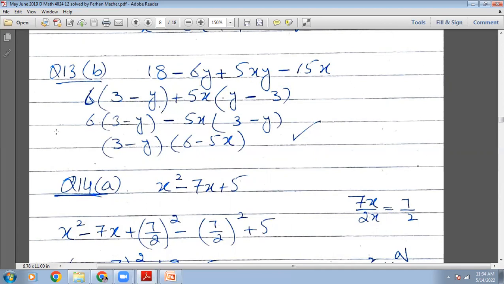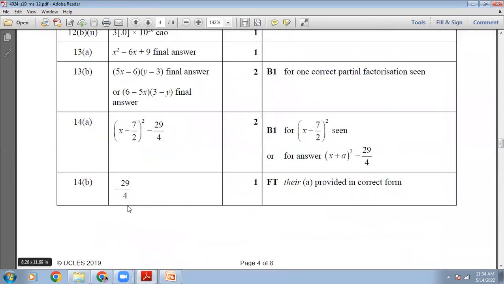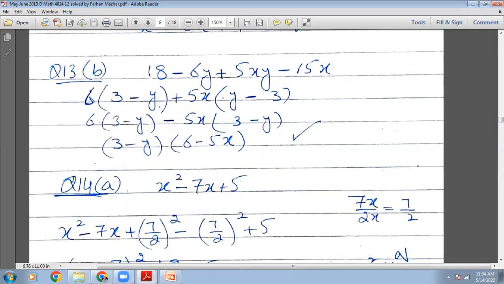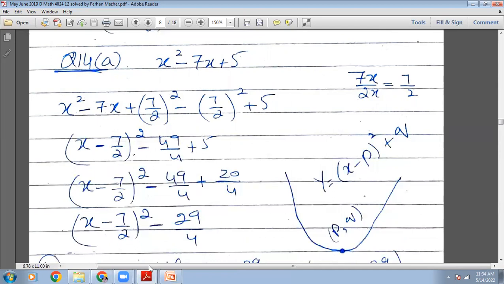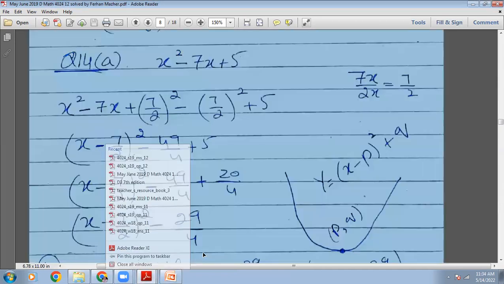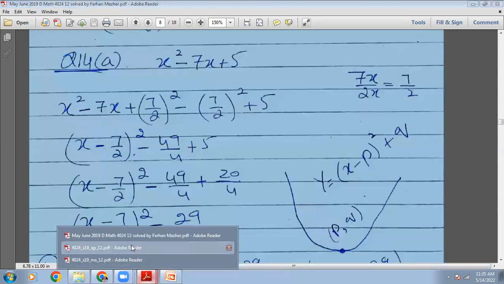Hopefully you understand. 11 Cambridge student, I hope can do this. Okay, so let's have a look at the marking scheme if our answers are right. 3 minus y into 6 minus 5x. Okay, so our answers are right. Okay, so that was question number 13. So we are going to the next question.